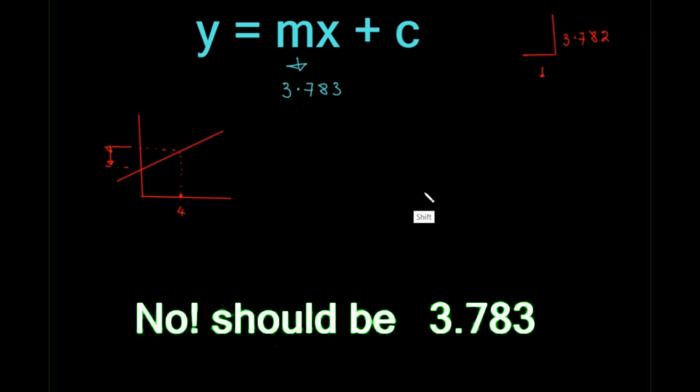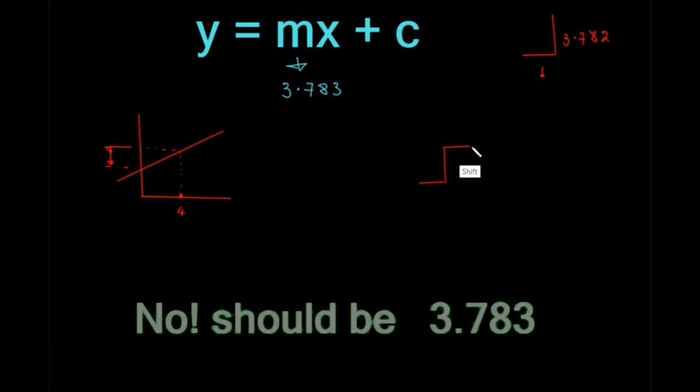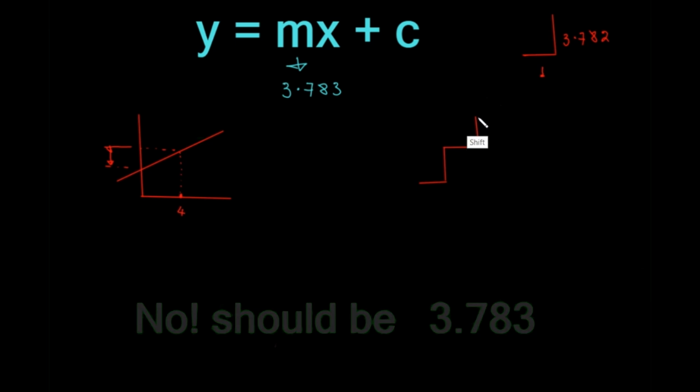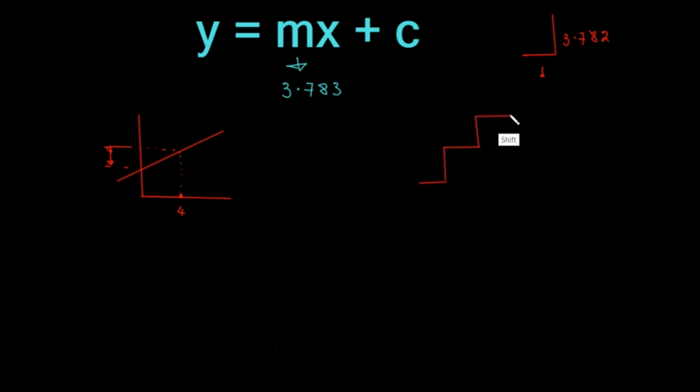We have 1, 2, 3, let's do one down here. So we got 1, 2, 3, 4 of those. That's what this means. We've got 1, 2, 3, 4 of those. Oh, and we want that height there.